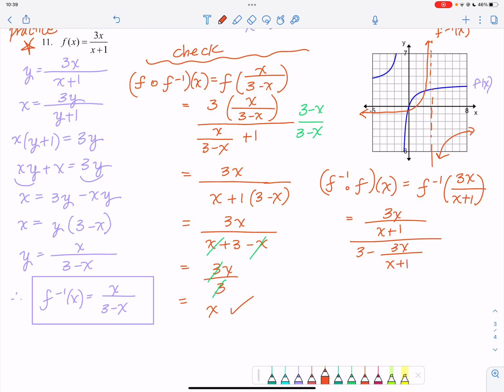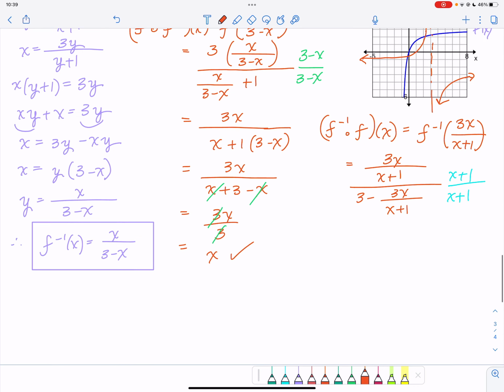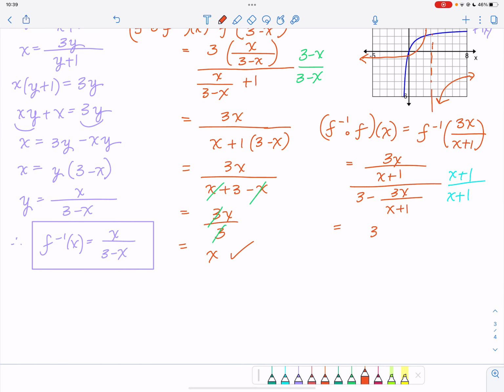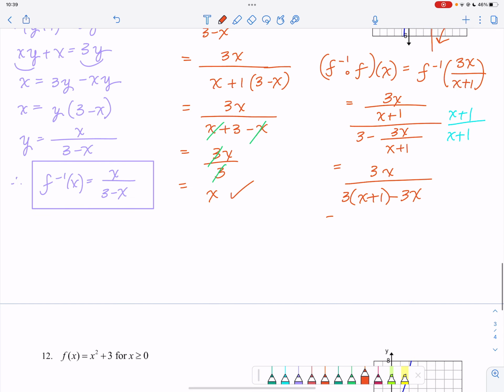Now we'll multiply the numerator and denominator by x plus 1. And as you can see, we'll have 3x divided by 3 times x plus 1 minus 3x.